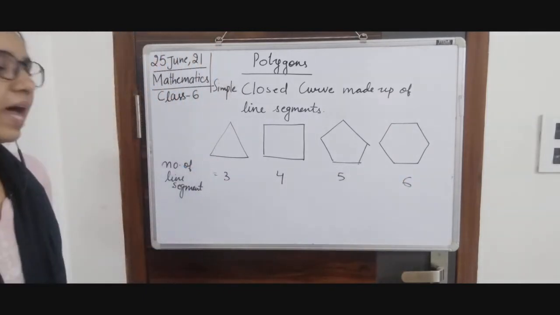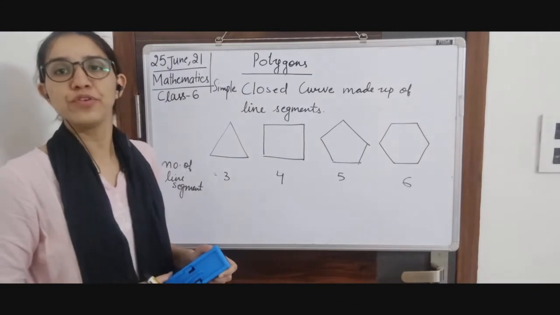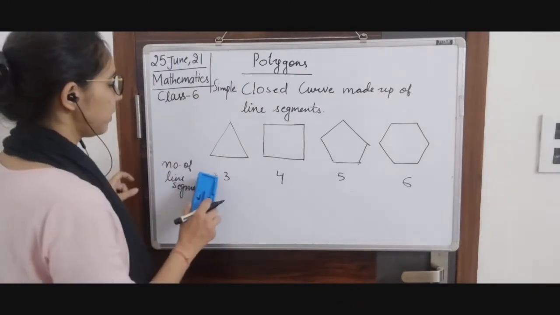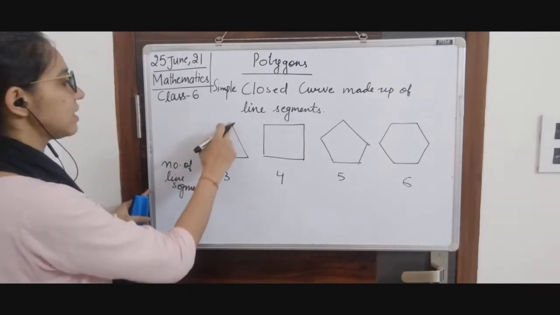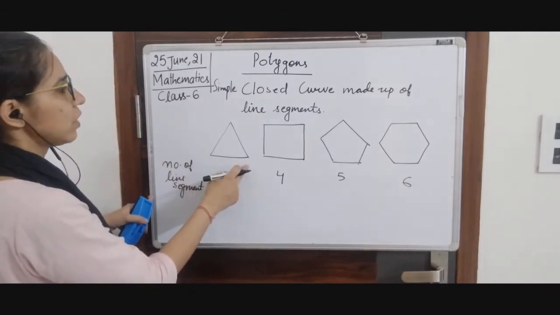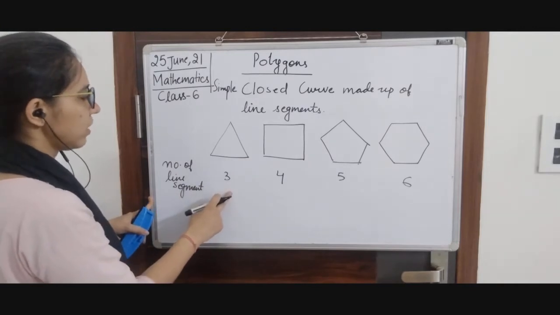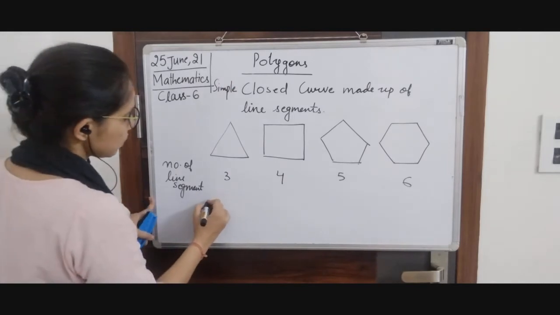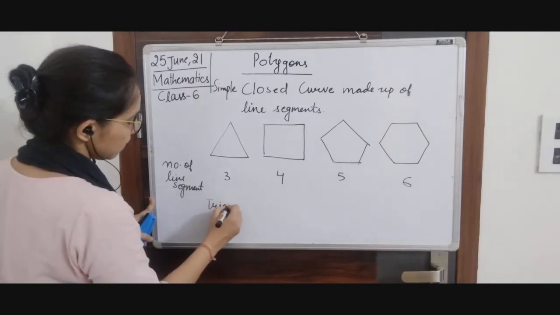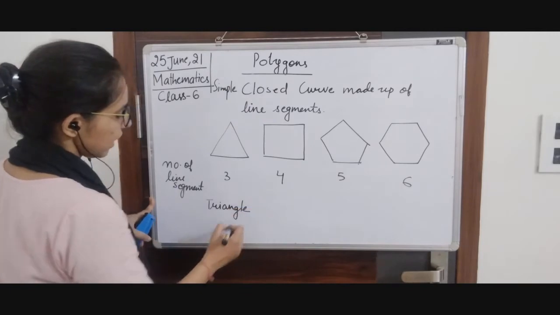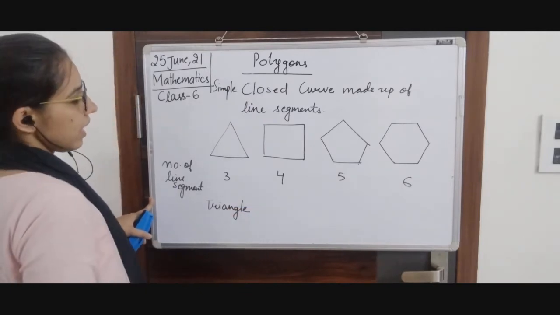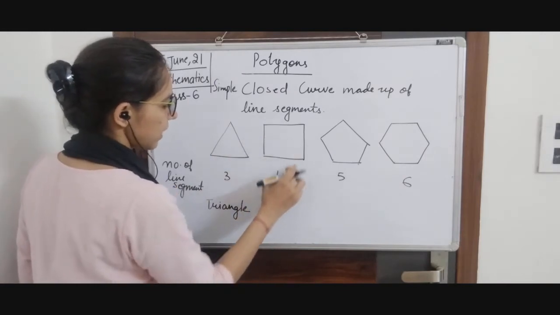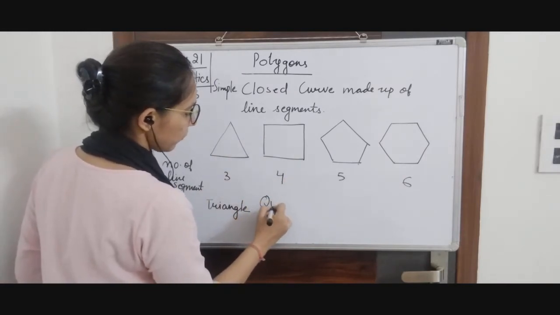And we have different names for polygons with different numbers of sides. A simple closed curve made up of 3 line segments is a polygon, and it has a special name, triangle. If we have a polygon with 4 line segments, then it is known as quadrilateral.